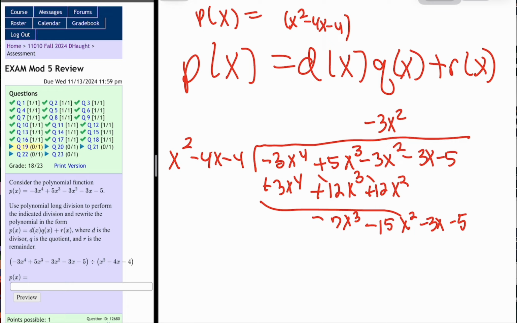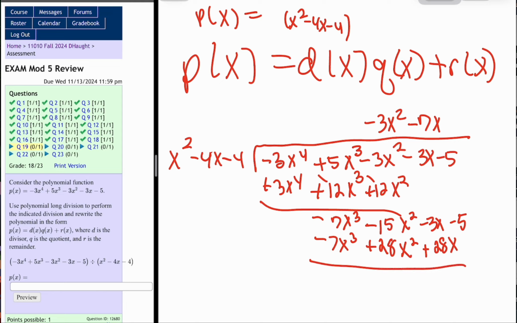What do I have to multiply x squared by to get negative 7x cubed? That would be negative 7x. So we get negative 7x cubed plus 28x squared plus 28x. I am subtracting.